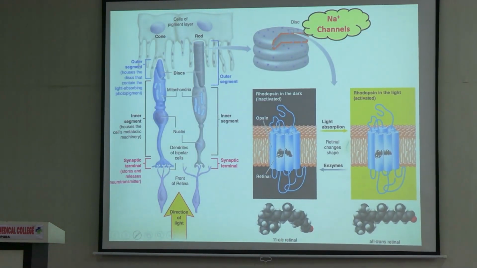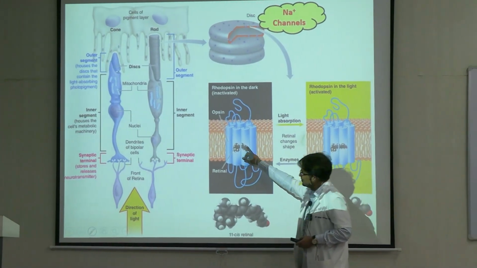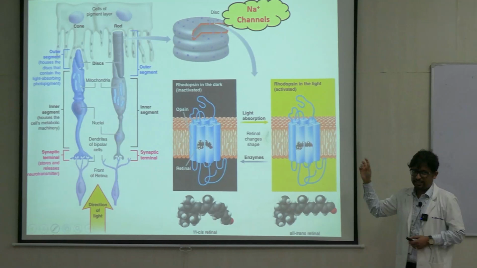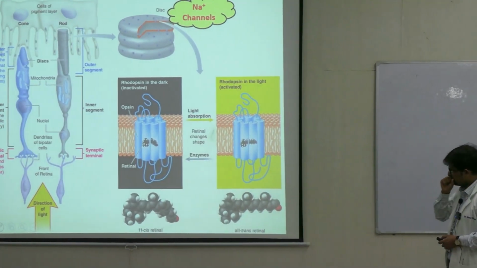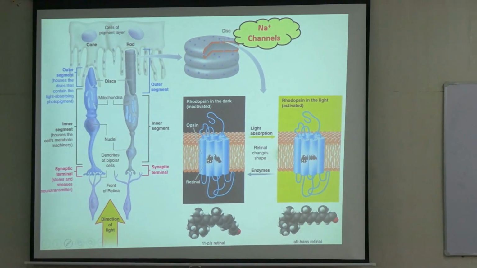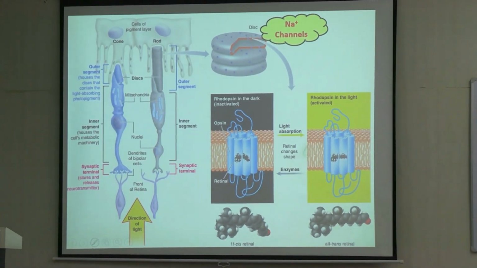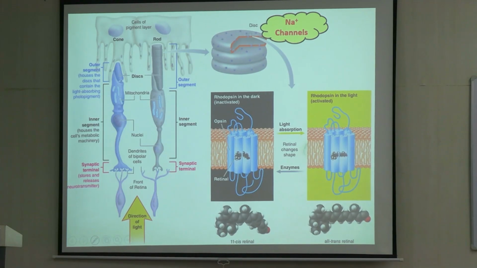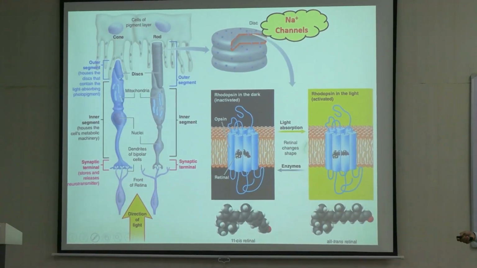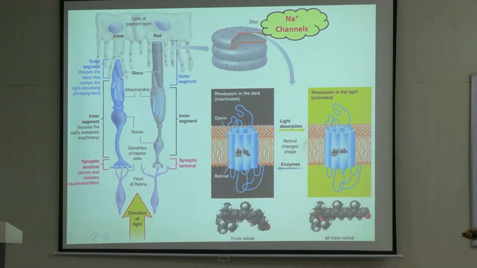So let's see what happens. So can you see a difference in the structure here? So this is the aldehyde. Do you see any difference? So you can also see that these are enlarged over here. So what has happened? Bleaching इसलिए हो रहा है. Why is it that the photopigments are breaking up? That is because, as you can see here, on exposure to light, the aldehyde transforms from its cis configuration to a trans configuration.